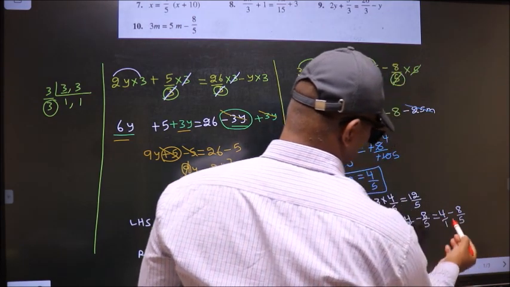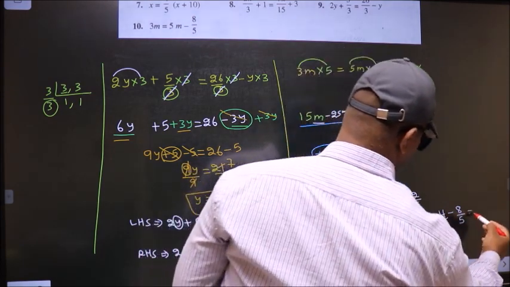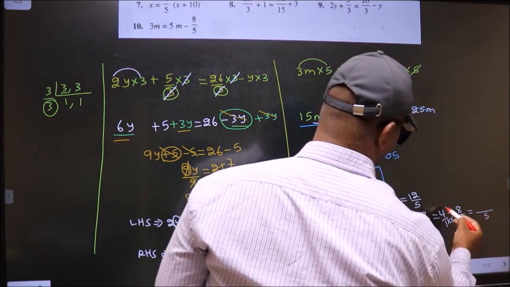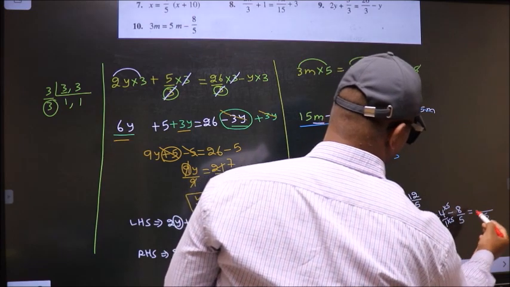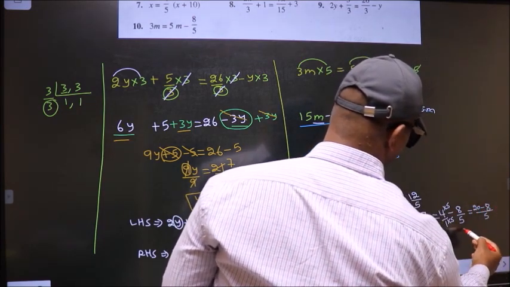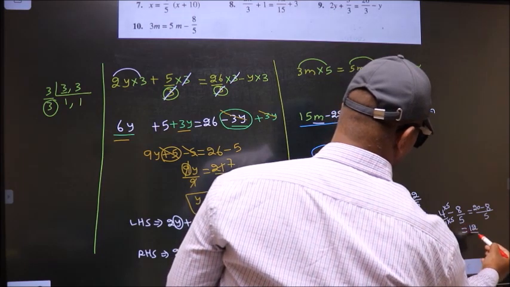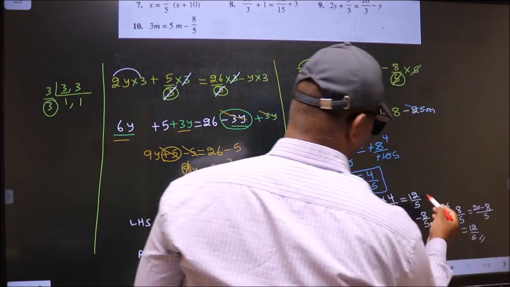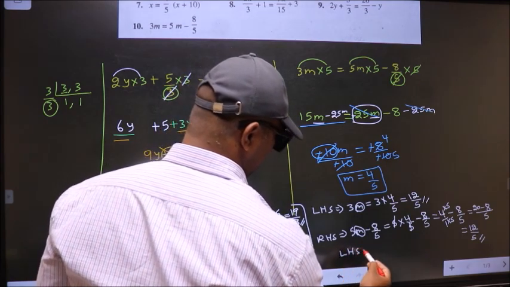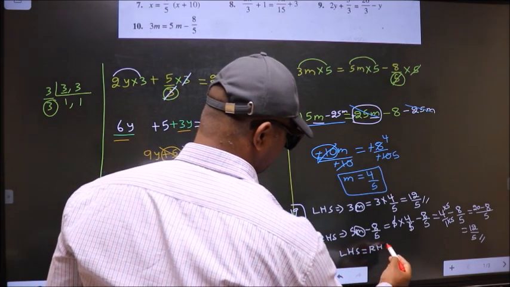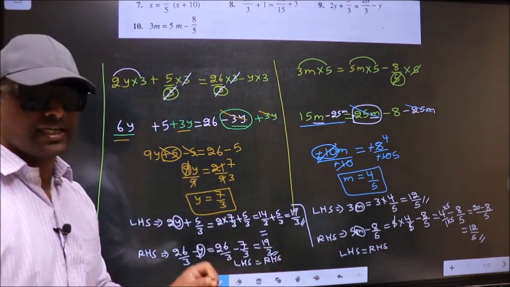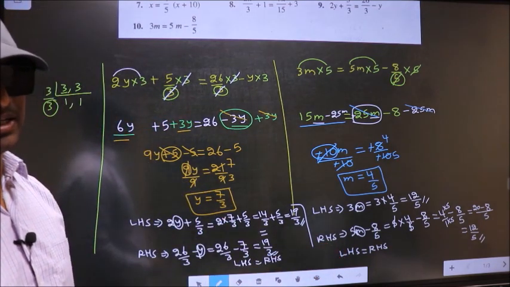Now we should take LCM. LCM is 5. So here we should multiply by 5. So 4 into 5, 20, minus here no need to multiply 8, as it is. So we get 12 by 5. We got these two same, that is LHS equal to RHS. LHS equal to RHS, that confirms our answer is correct.